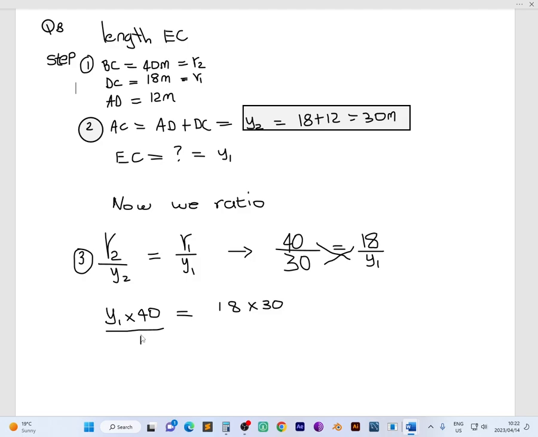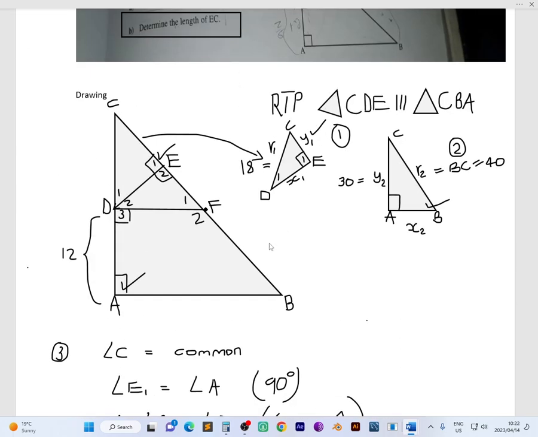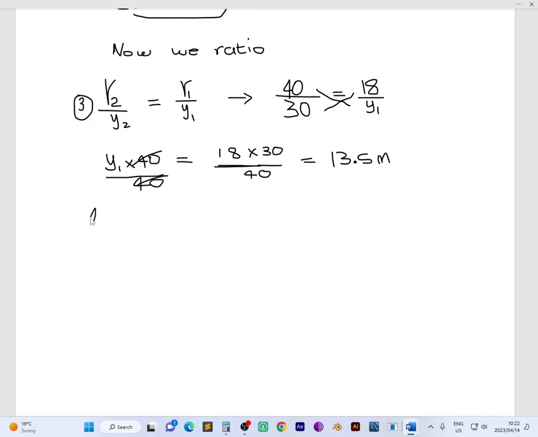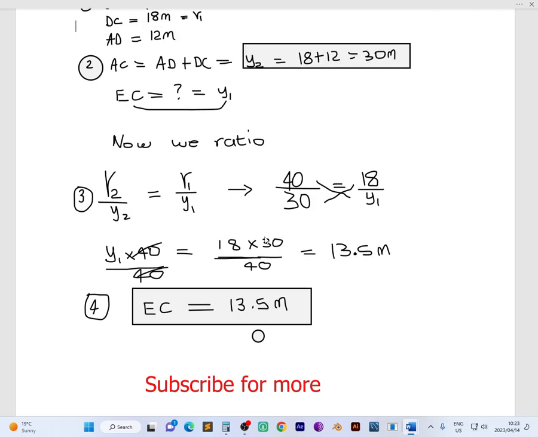Then we divide by 40 on both sides, and using our calculator you find that it's 13.5 meter. So that's our final answer, step 4, giving us EC equals 13.5 meter. So with similar triangles, we use ratio in order to find the answer. So that's it.